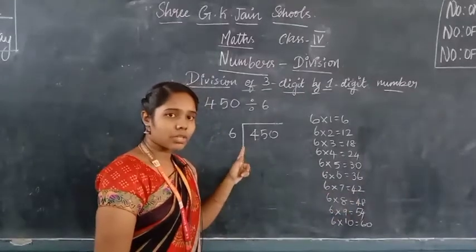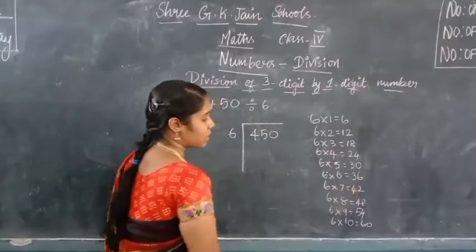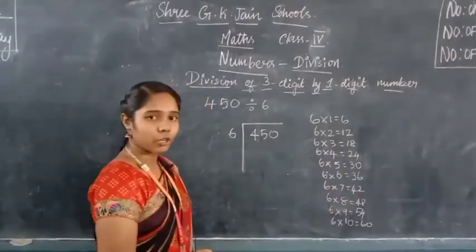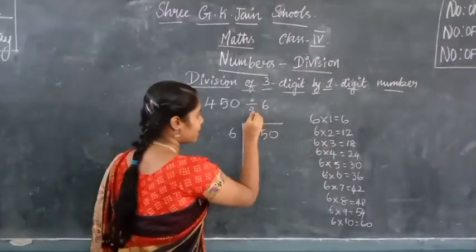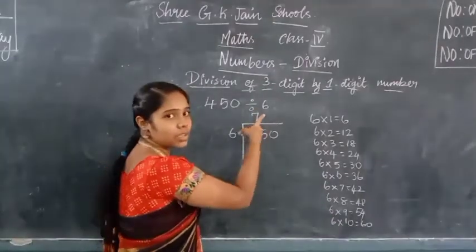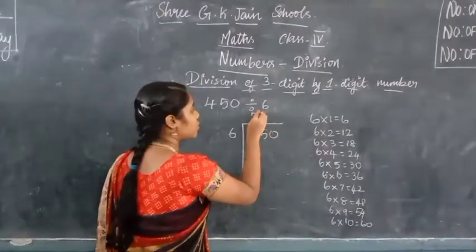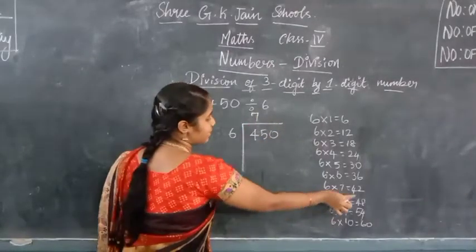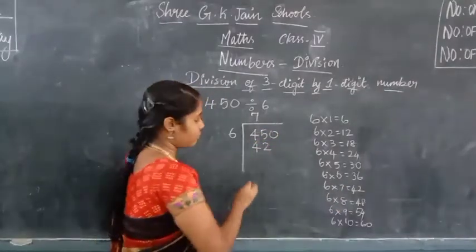The 42 is smaller than 45, right? So we can use this number. So how many times? 7 times, right? So 7 we have to write on the quotient. This part is called the quotient. So 6 sevens are 42. 42 we have to write below 45.